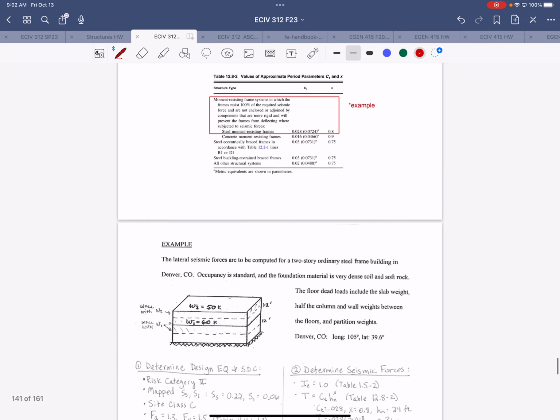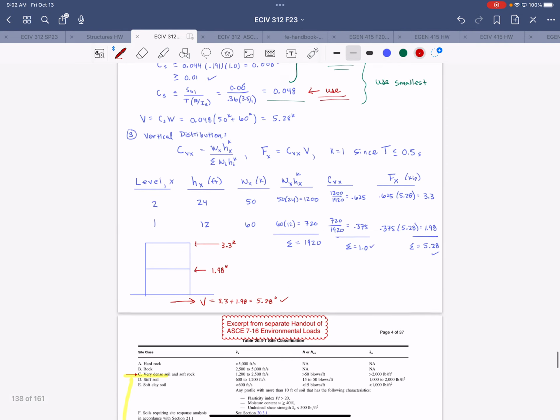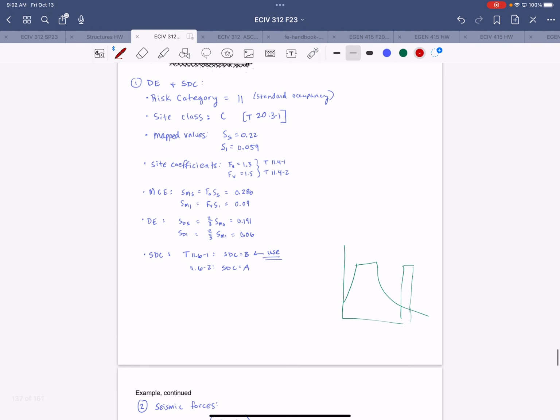And we talked about how with that design earthquake, the response spectra looks something like this, where on the horizontal axis you've got the natural period of the structure, and on the vertical axis, it's some measure of acceleration response.